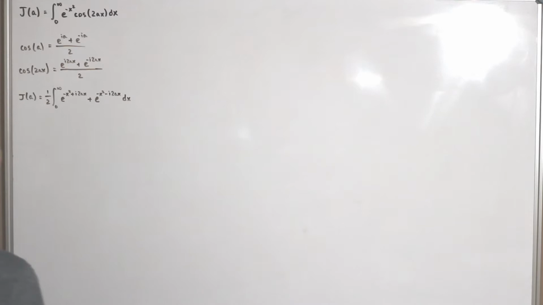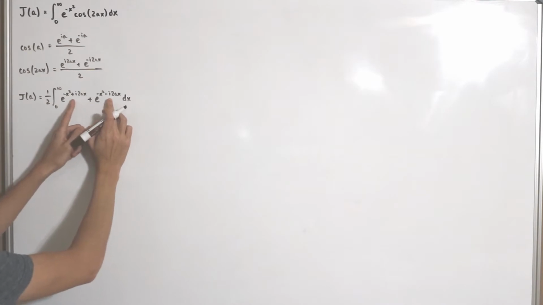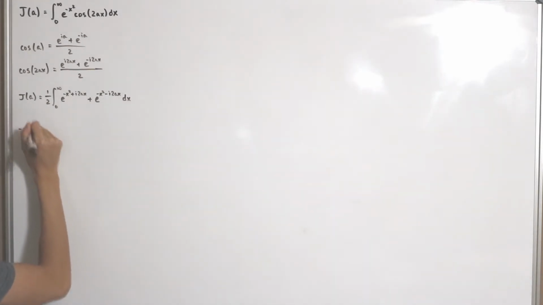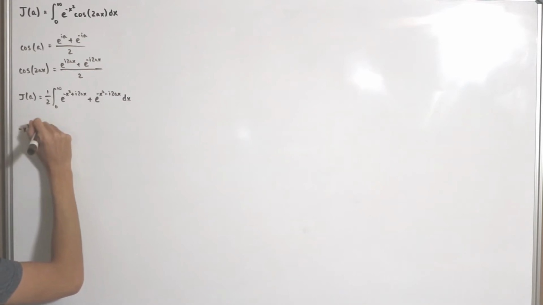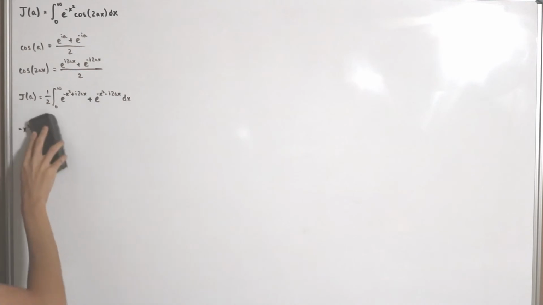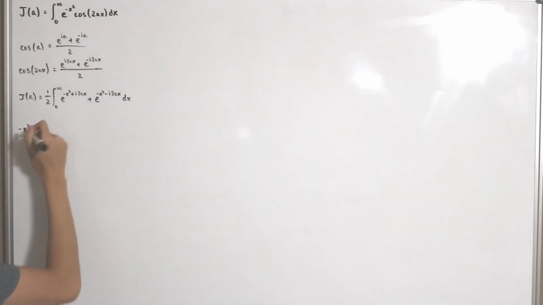Now with that, let's simplify our powers, both these terms here. So negative x squared plus i 2ax. How about instead I move the i to the right, so our 2 is in front.